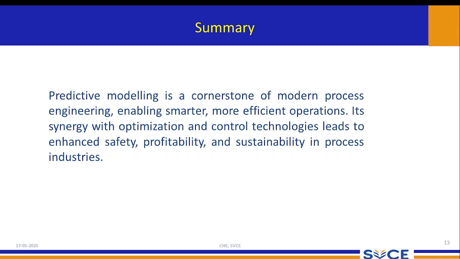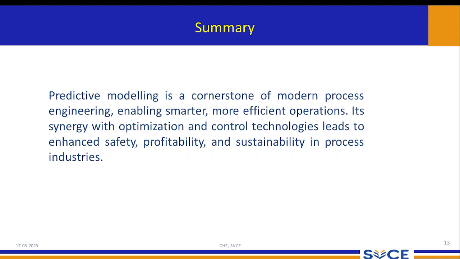We try to find out what is going to happen so that we can avoid the shutdown period, for example in a heat exchanger because of fouling, which we have discussed. It enables smarter, more efficient operations, so that the process will be perfectly efficient.